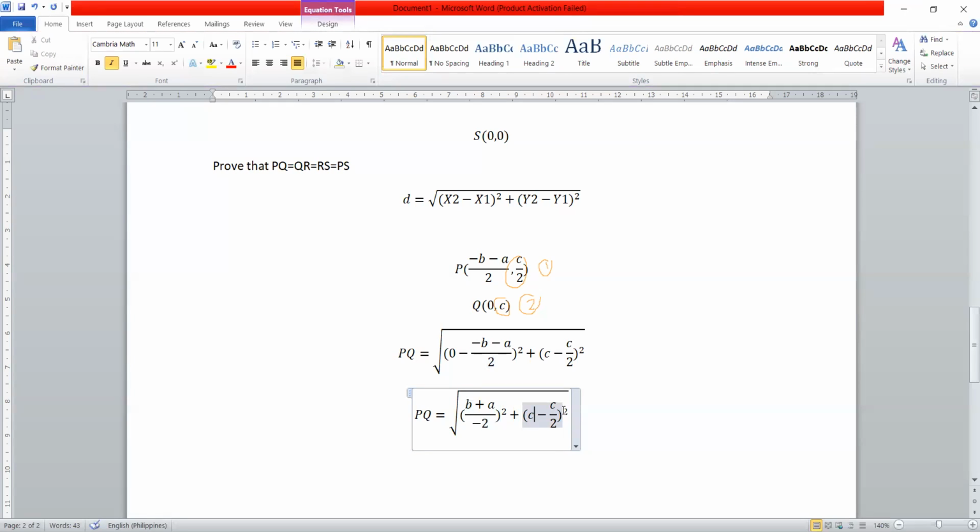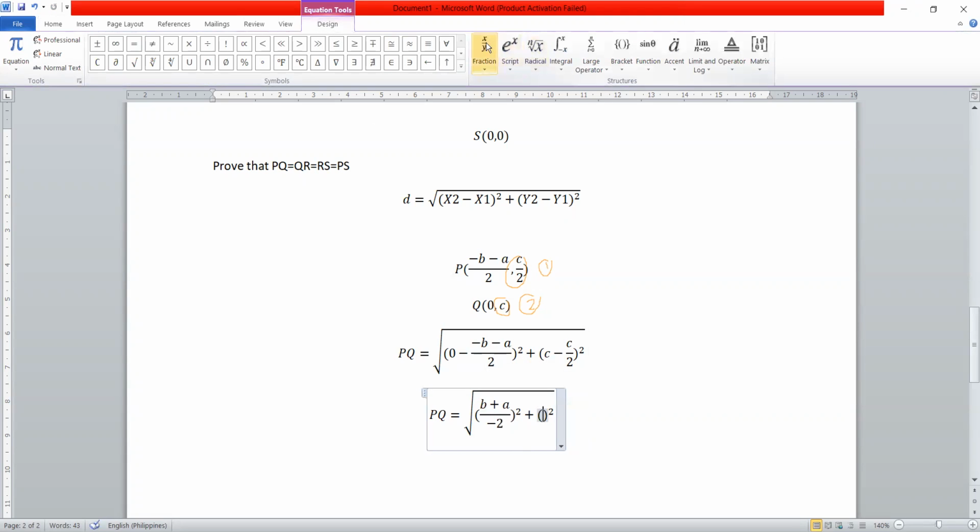And for this one, you have to look for the LCD, which is 2. So we cross multiply: that will become 2c minus c over 2, because you have to cross multiply to get 2c, and just copy c.